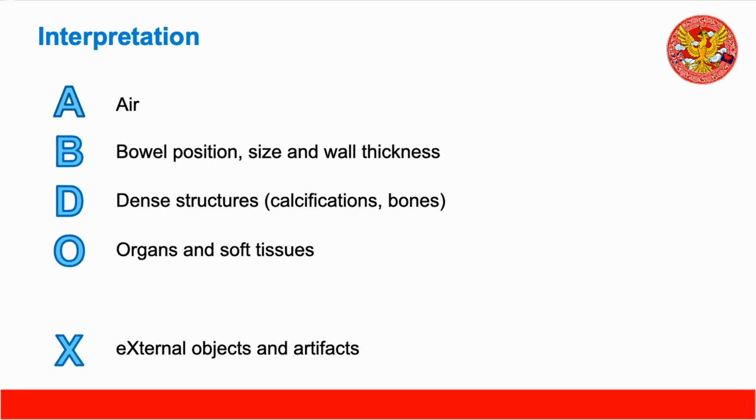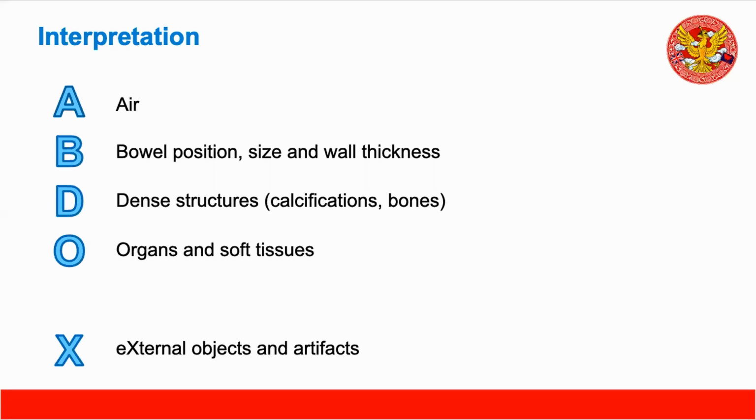So when you're interpreting abdominal x-rays, I found this quite difficult, because for chest x-rays you're given quite a rigid A, B, C, D, E approach, whereas for the abdominal x-ray, it seems a little bit more vague to me. I use this mnemonic, but there are other ones. I think Geeky Medics uses BBC for bones, bowel, and calcifications.